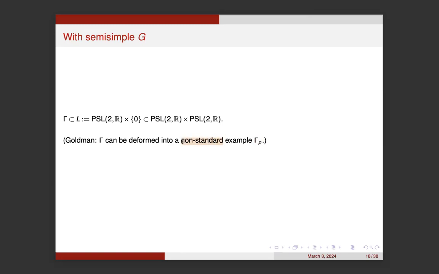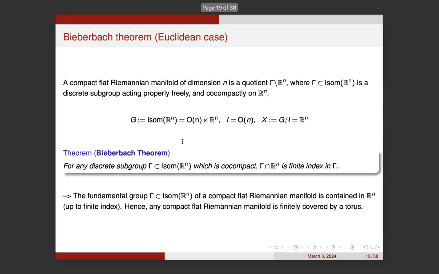In a few moments, I'm going to give an example of a non-standard situation. One of the most famous standardness results is Bieberbach's theorem, and that's why we also call this standardness property Bieberbach rigidity, in reference to this result of Bieberbach.